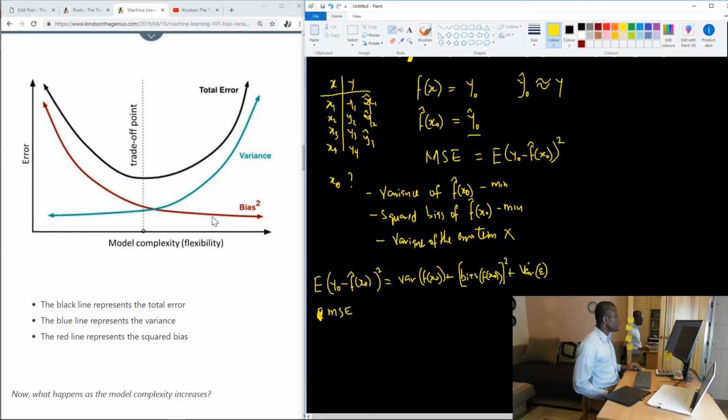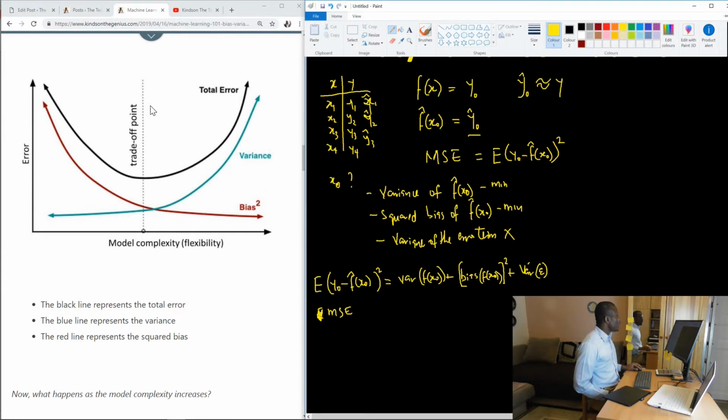Even though you continue to reduce the squared bias, the total error will increase. The reason the total error is increasing is because at some point, we also look at the variance. When you start increasing the variance, at some point the total error starts increasing.